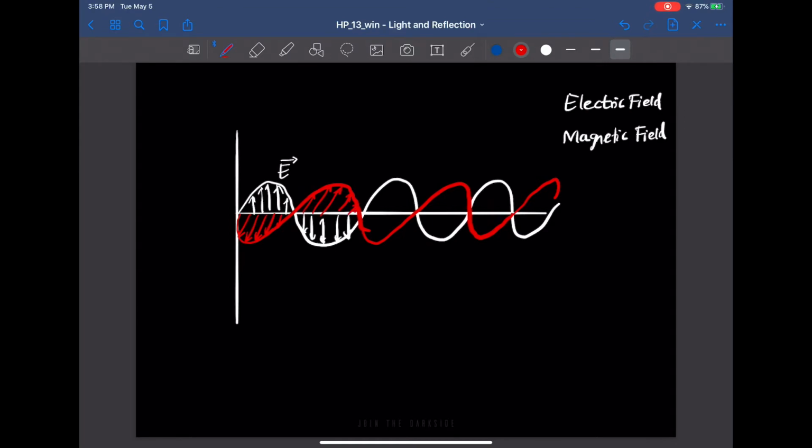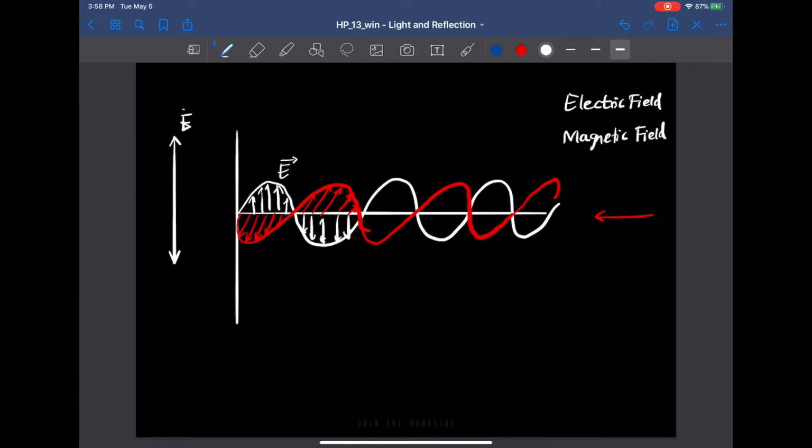What does that mean? If you look at it from here, the view will look somewhat like this. In the perpendicular direction, in this direction, we have the electric field.